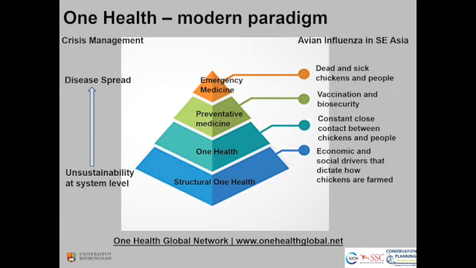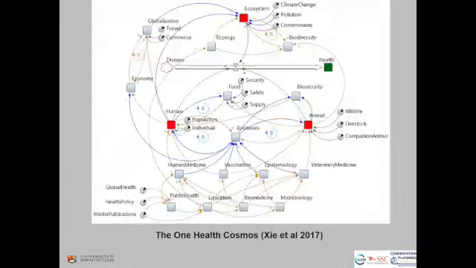However, in these multi-species situations within the wider environment, this concept of structural One Health, where you're looking at social, economic, and when I say social drivers there, that includes the political. If we don't focus as a group of stakeholders on what that actually means in our own situation, we are never going to be able to cover the upper one. So as crisis management, if you don't account for the non-disease drivers, that's going to be unsustainable to manage.